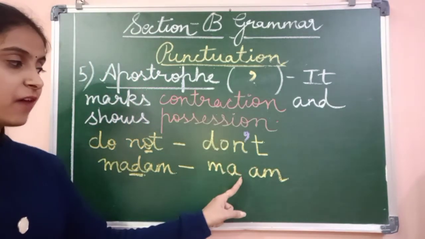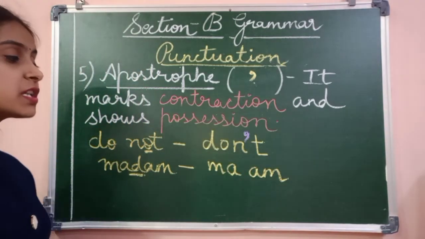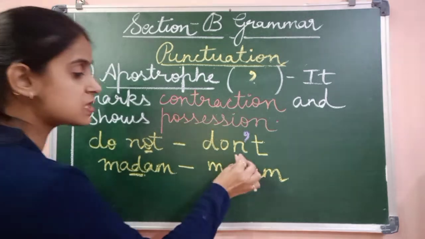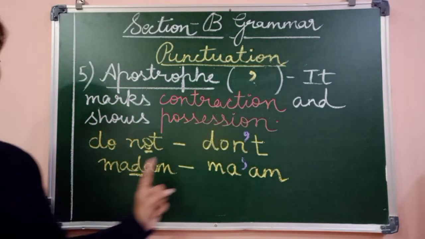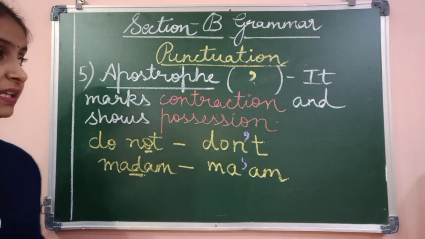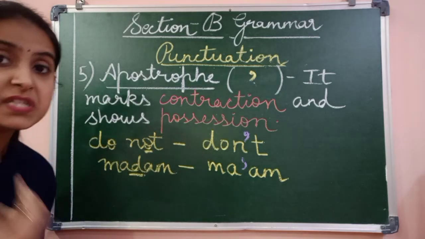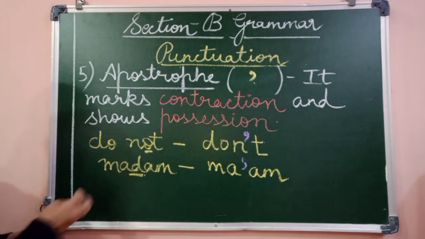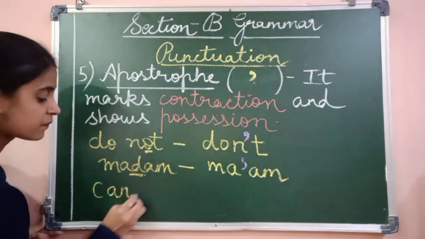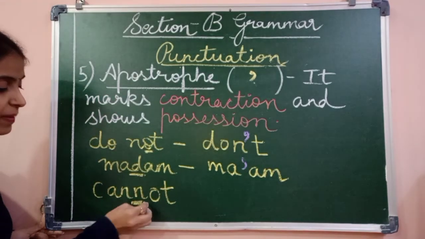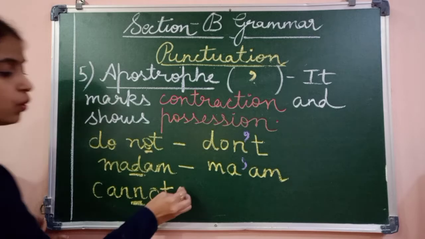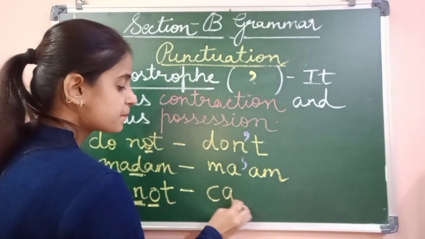Okay? So we have missed D here. So instead of that D, we will put an apostrophe. So the apostrophe is used to show contraction. Now I'll give you an example of how we can miss 2 letters. For example, I write the word cannot. Okay, here we will omit this N and this O. So what does it become?